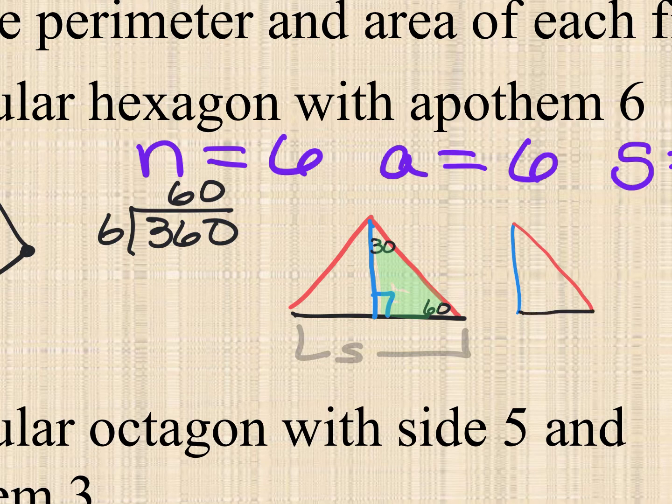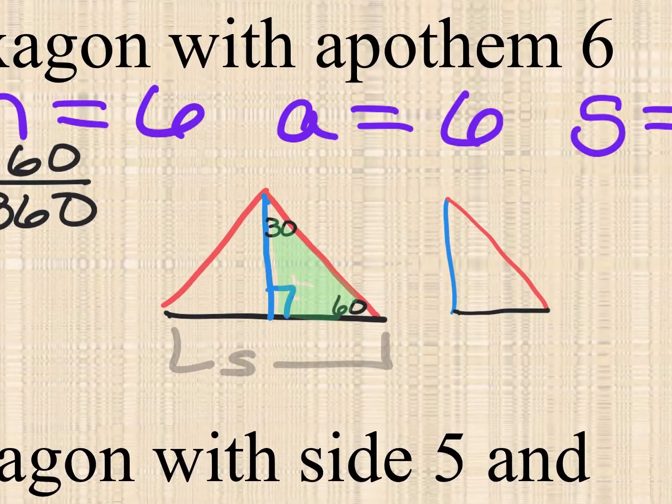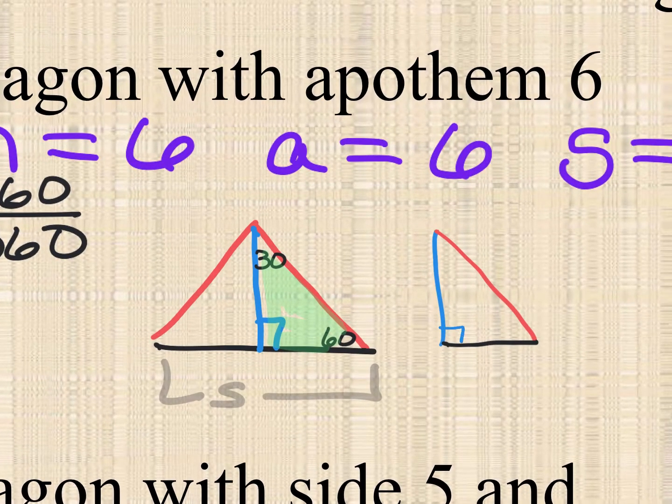Now, once I figure out that black side on the bottom, that's going to only be half of the side of my hexagon. I'm going to have to double it once I'm done. So I'm going to go ahead and fill in. Now, we're going to reach back to our special right triangles. Remember back when we did it, the side across from 30, I would always call this a, and then the 60 was a root 3, and then this was 2 times a. So we don't get confused with the apothem.